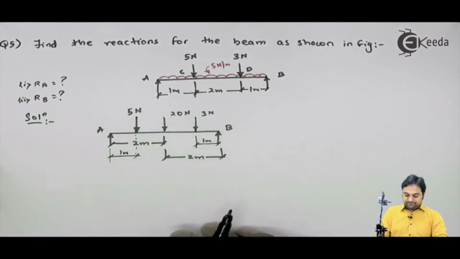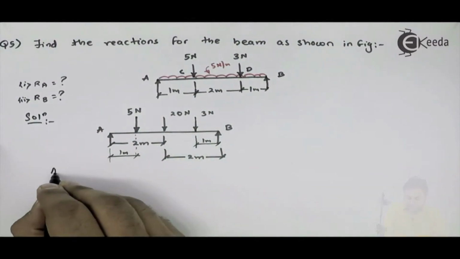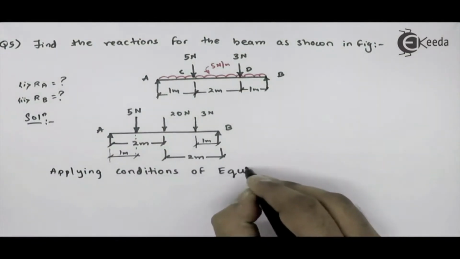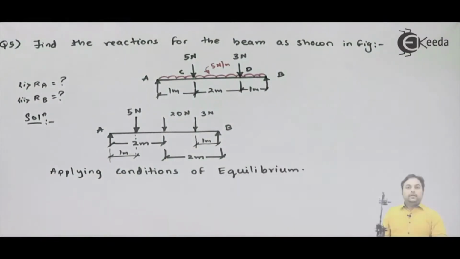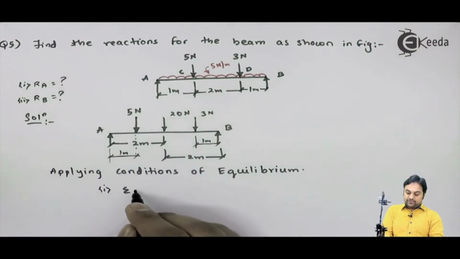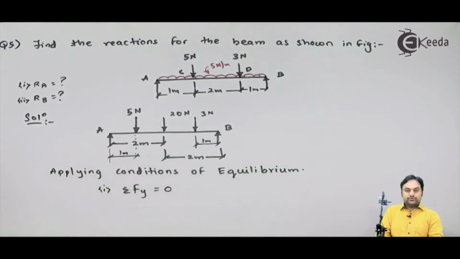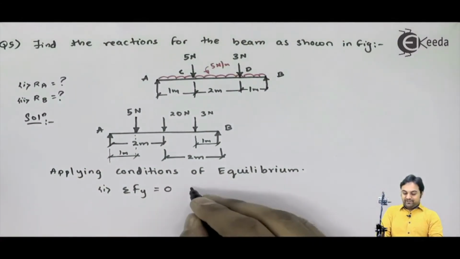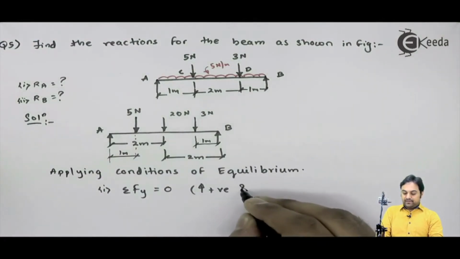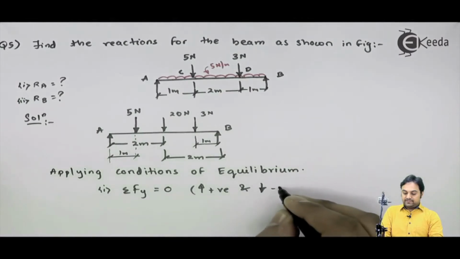I will say that applying the first condition, that is summation of all vertical forces is equal to 0, where upward forces I will take as positive and downward forces as negative.